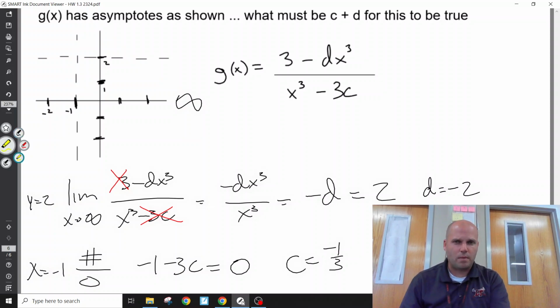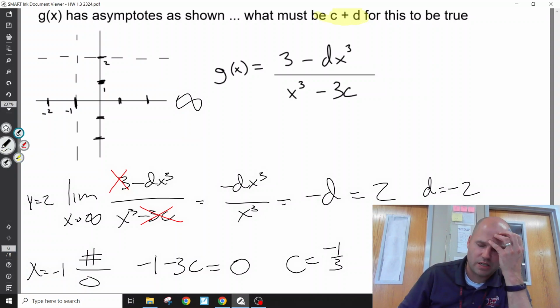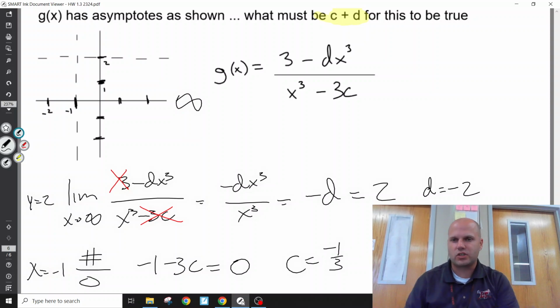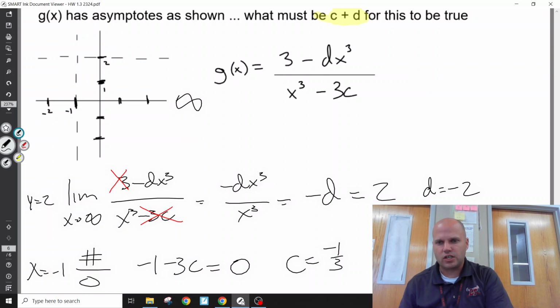The question is, what must c plus d be? It's a way to make this a tougher question than being in multiple choice. If this is a multiple choice question, this is how I'd get you to have to find the right answers yourself. No guessing and checking. And c plus d is negative 1/3 plus negative 6/3, which is negative 7/3.